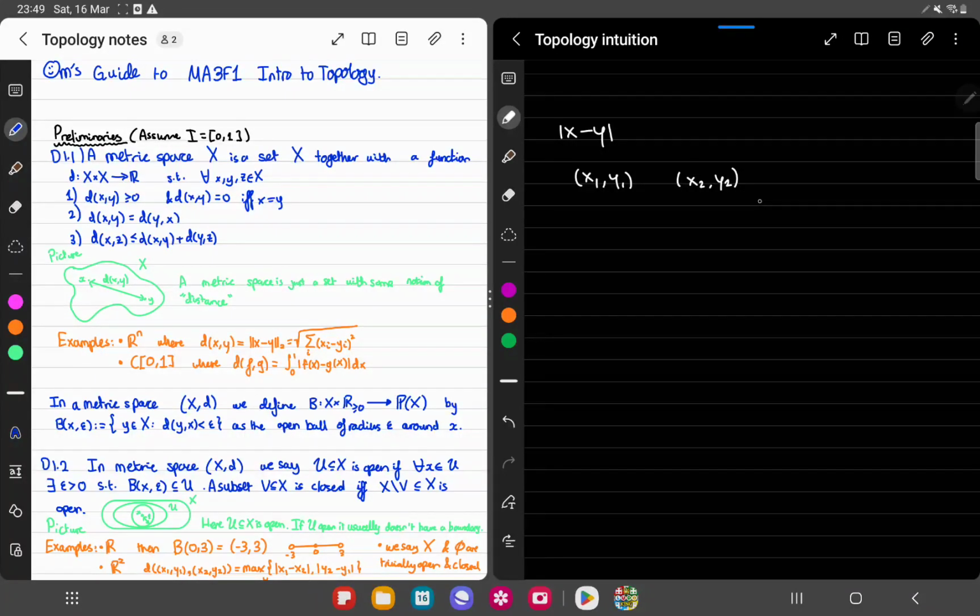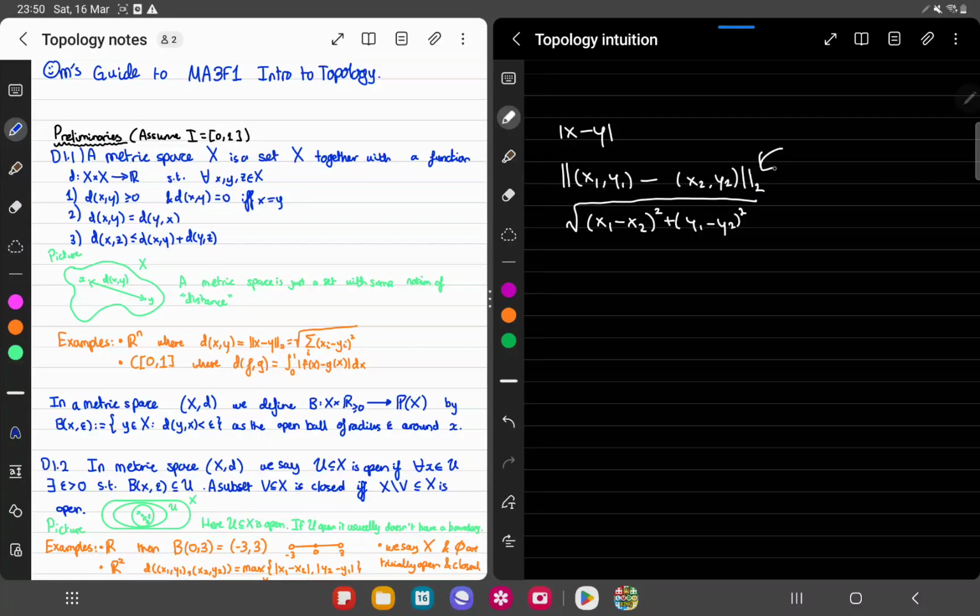So, for example, the distance here would be the 2 norm, and that's just the difference in the x's squared plus the difference in the y's squared, square rooted.